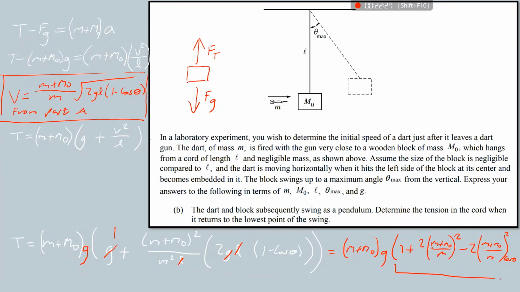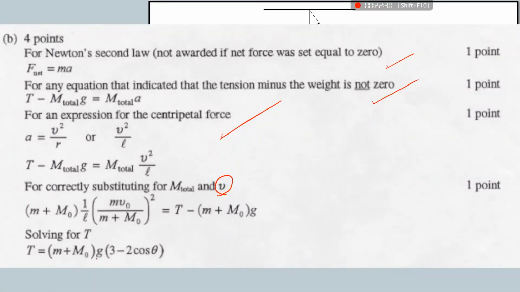According to this, it's supposed to simplify into 3 minus 2 cosine theta.